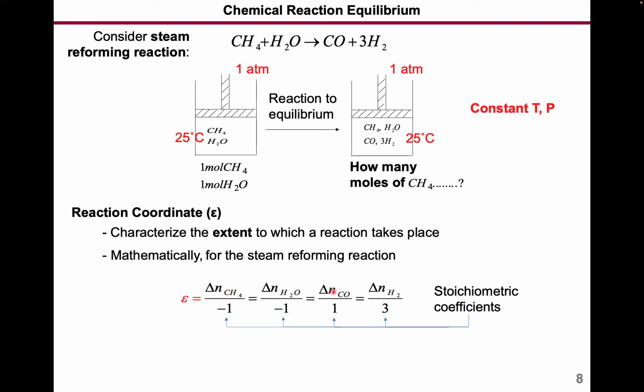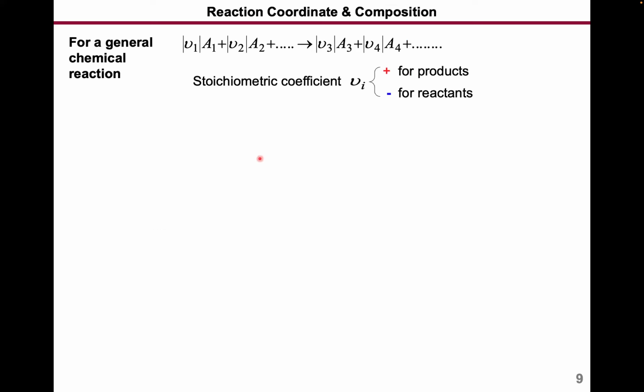So your delta NCO originally is going to be 0, you don't have any CO, but after reaction, if you form this product, then delta NCO is going to be positive, divided by 1 is positive. Same thing for delta NH2, it's going to be positive. So this reaction coordinate is really a positive value by definition.